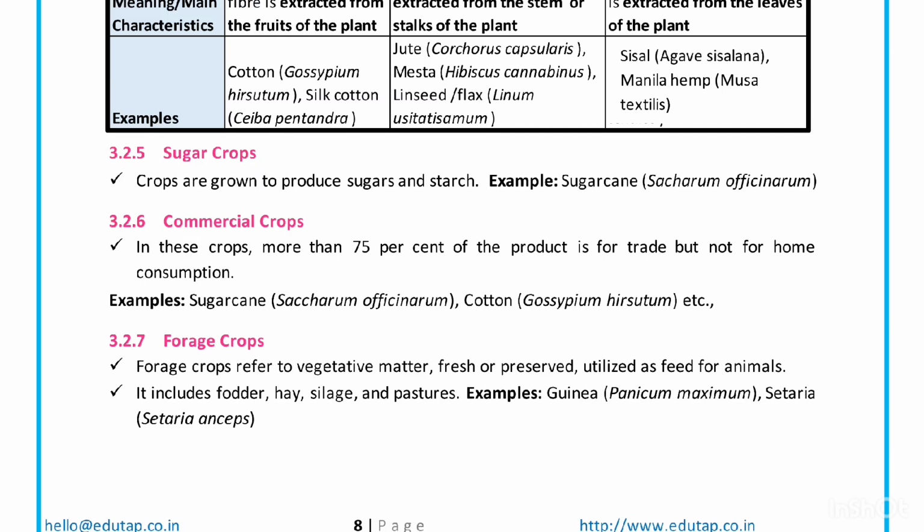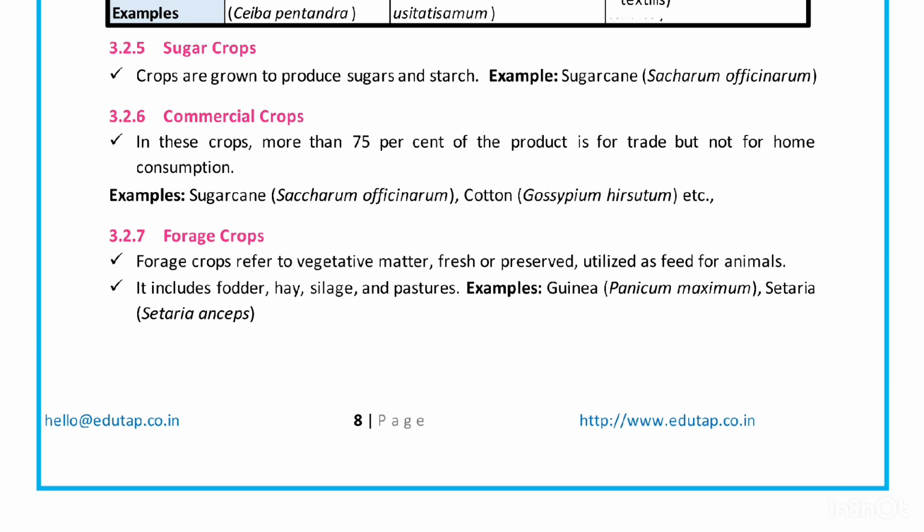Next are sugar crops. Basically, crops from which sugars and starch are produced are called sugar crops. Glucose is a form of carbohydrate, right? There are a few crops which are rich in sugars and starch, carbohydrates from which sugar can be obtained.